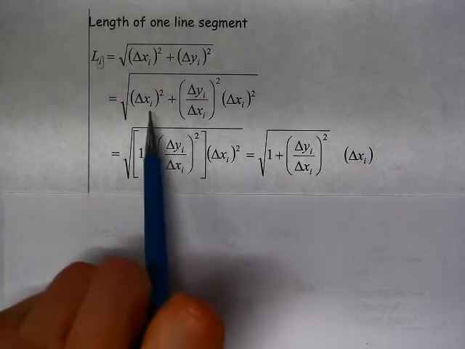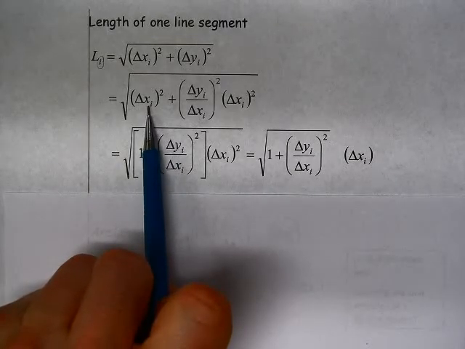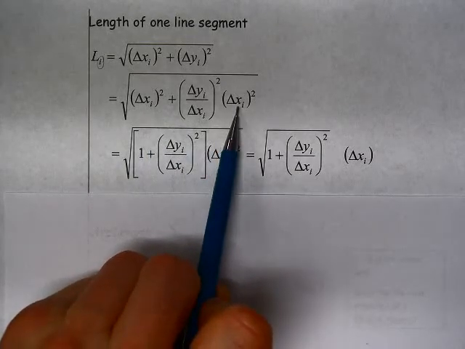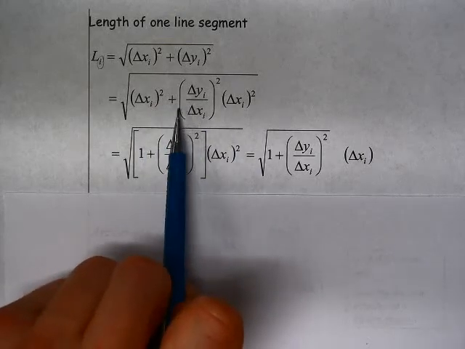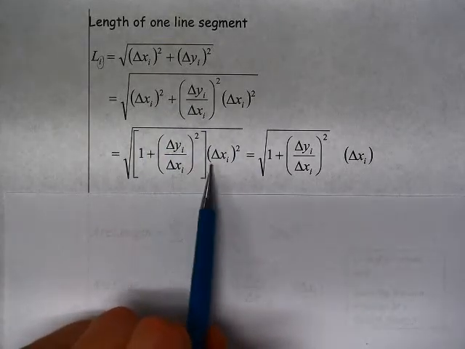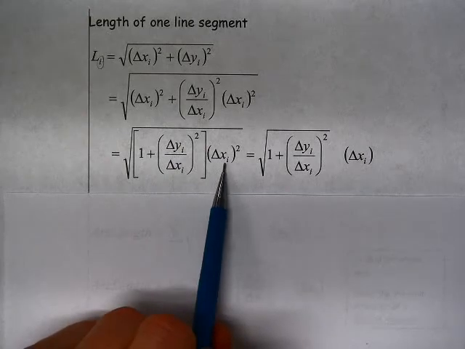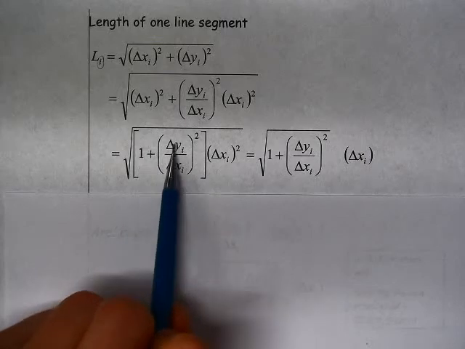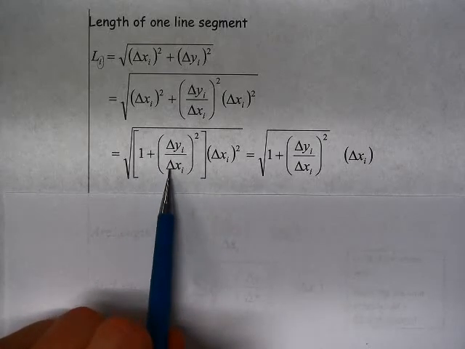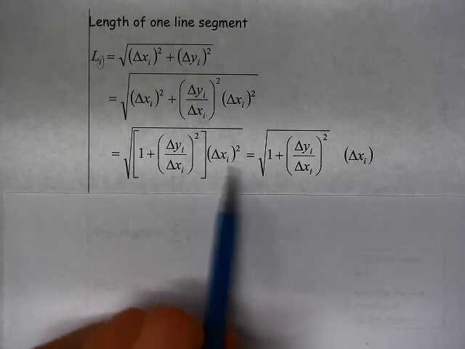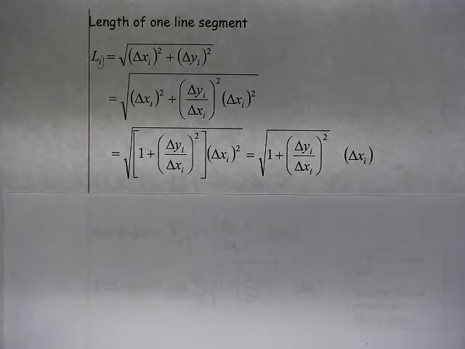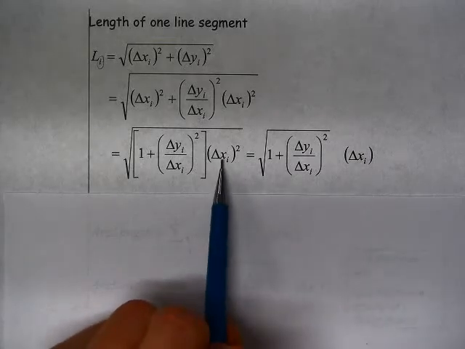Now look at what I'm going to do here. Inside the square root I have a delta x sub i squared in each one of these terms, so I factored out that delta x sub i squared. So I have 1 plus delta y sub i over delta x sub i all squared, times the delta x sub i squared. Now I can separate this out.